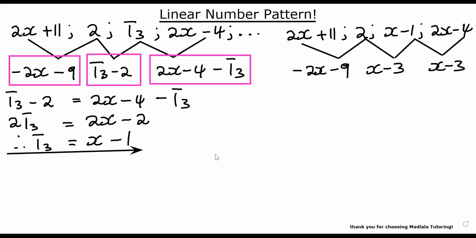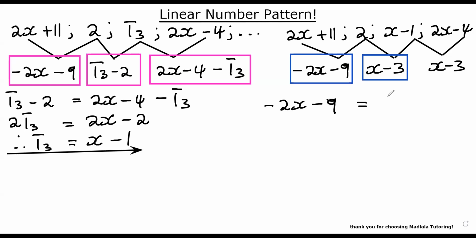Okay, that's fine. But of course, you still use the fact that in a linear pattern, the constant difference is actually constant, right? So you're simply going to take negative 2x minus 9 and set it equal to x minus 3.